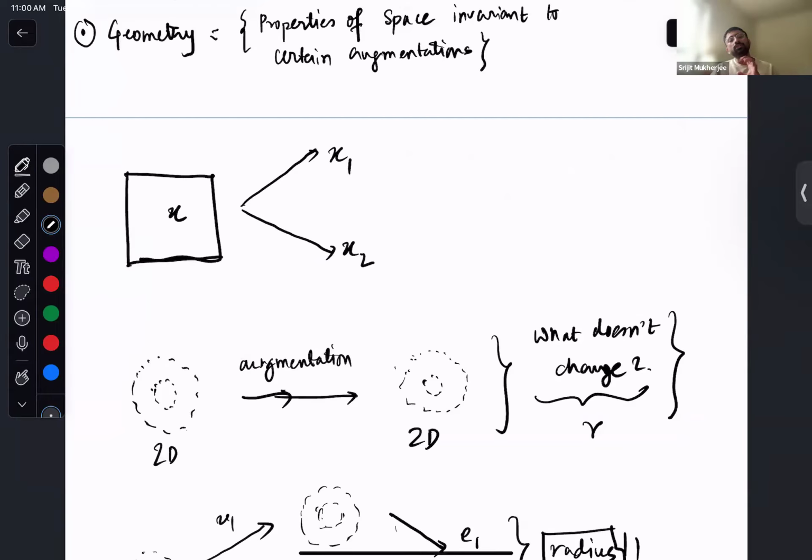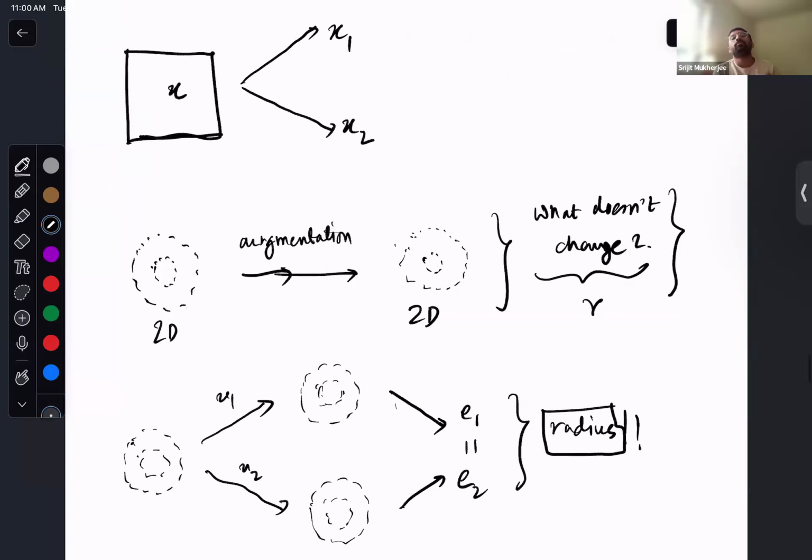So similarly, we will do the same thing on images. We will look at two different augmentations, but understand, if you have taken a different augmentation, like shearing it, changing a circle to an ellipse, this will not hold again.